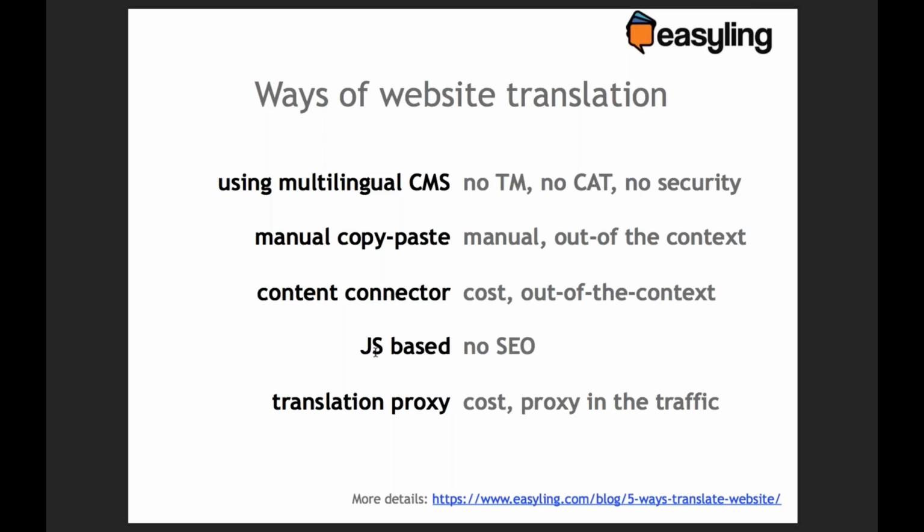Option 4 is the JavaScript-based translation. In this option, the client injects a JavaScript code, a snippet, a one-line code, into the original website. And then this JavaScript code will do the translation in real time, on the fly.